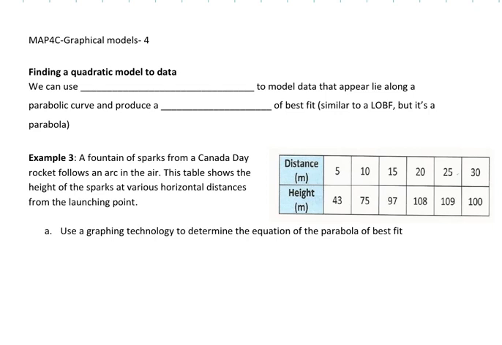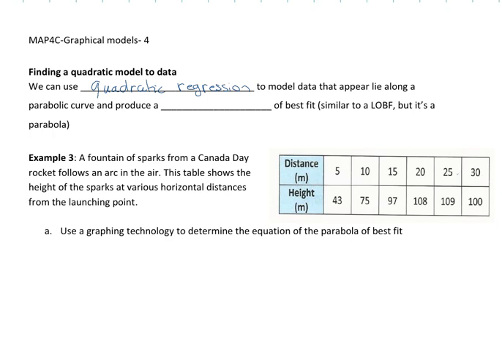So, as we did yesterday with the linear regression model, we can use a quadratic regression model to model data that appears to lie along a parabolic curve and produce an equation of best fit, or a curve of best fit.